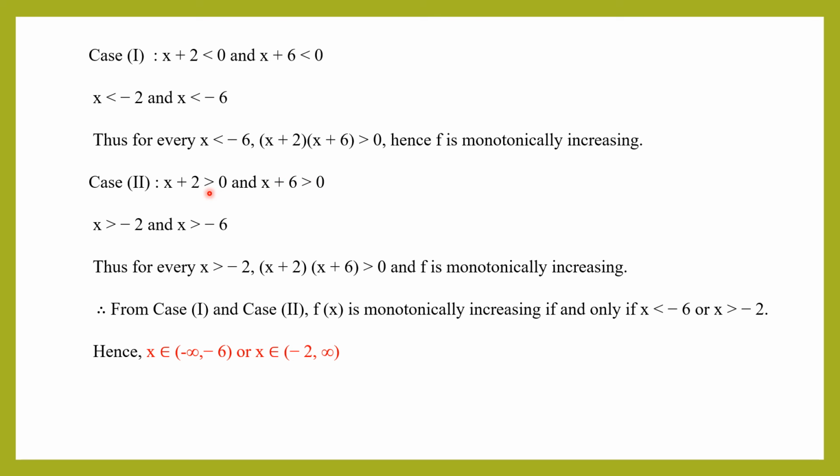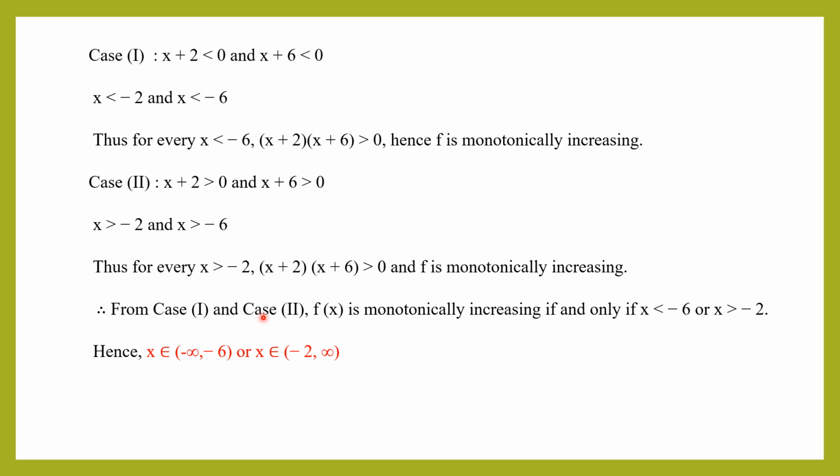Case second, if both are positive, x plus 2 greater than 0 and x plus 6 greater than 0. This implies x is greater than minus 2 and x is greater than minus 6. Then minus 2 to plus infinity and minus 6 to plus infinity. Both conditions are satisfied by x greater than minus 2. Then x plus 2 into x plus 6 is greater than 0 and f is monotonically increasing.